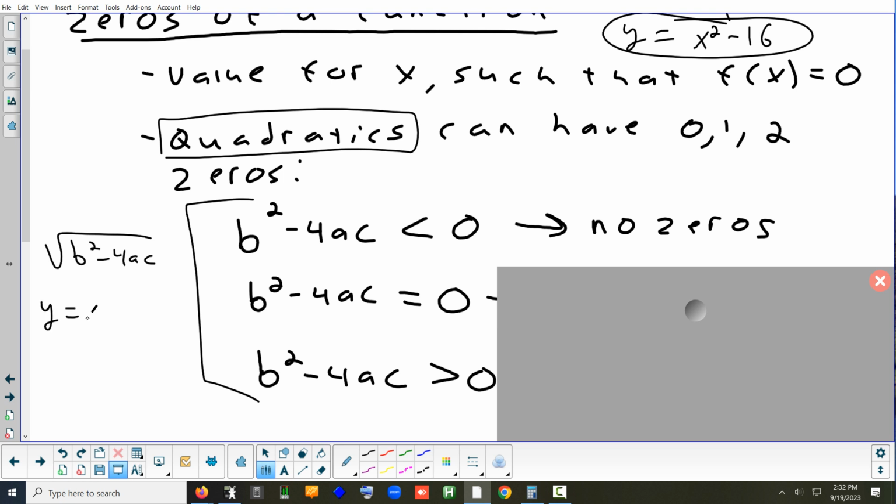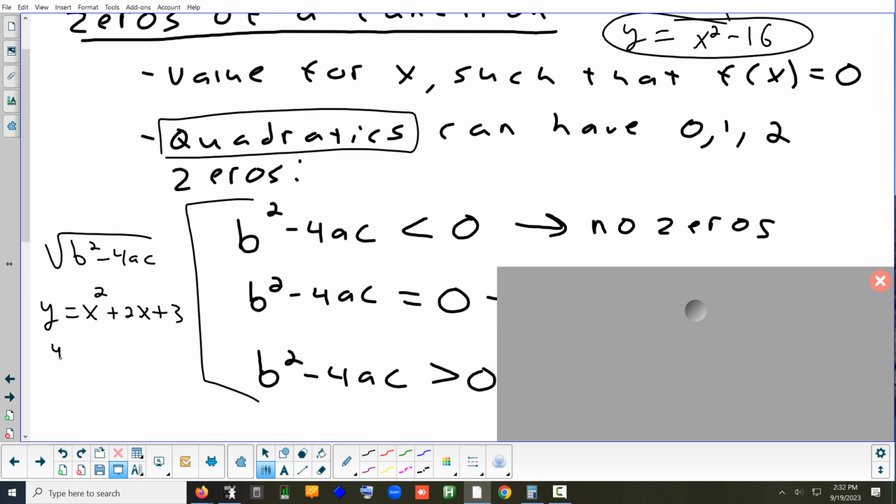Here's an example. X squared plus 2x plus 3. At least I think it's an example. What's b in this case? 2.